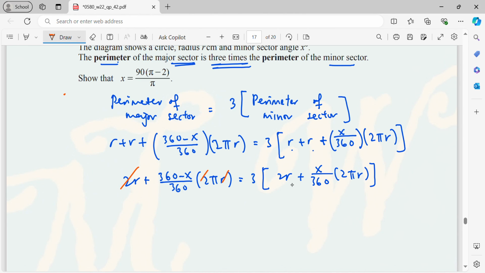Therefore, I can just cancel the 2R. It's like I divide the whole equation by 2R.